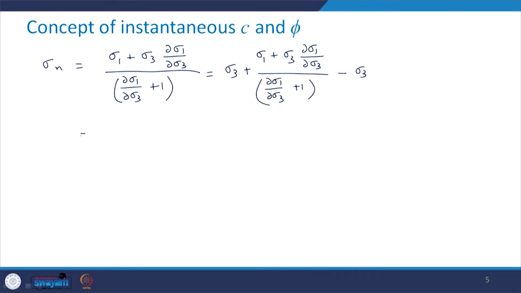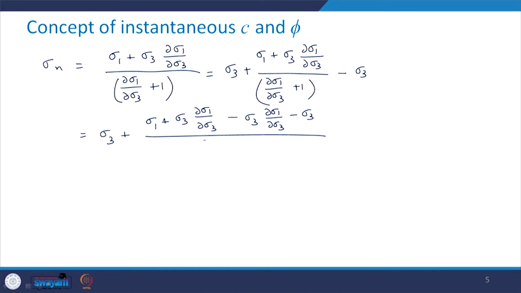So this is going to be sigma 3 plus (sigma 1 plus sigma 3) del sigma 1 del sigma 3 minus sigma 3 del sigma 1 del sigma 3 and minus sigma 3, this divided by (del sigma 1 del sigma 3 plus 1).